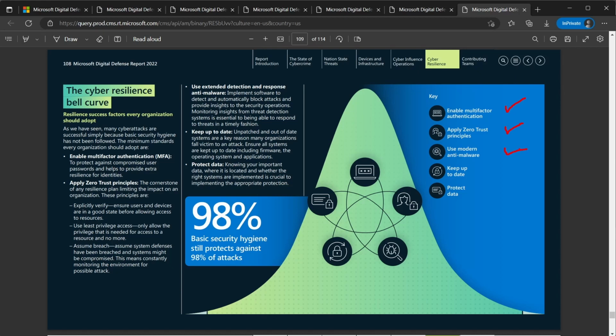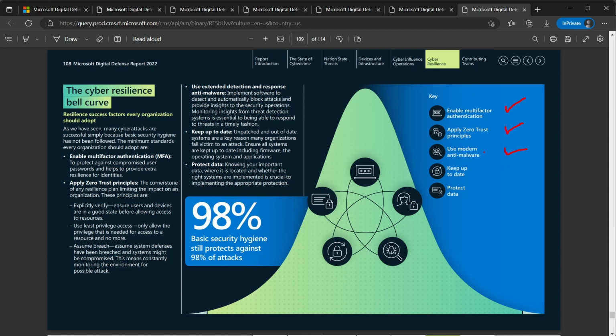Use modern anti-malware, and this essentially is a recommendation to use an endpoint protection platform. Use a platform with EDR, endpoint detection and response. Make sure that you provide your threat hunting teams an assume breach mindset, and that you have those tools that allow your security operations center to threat hunt effectively.